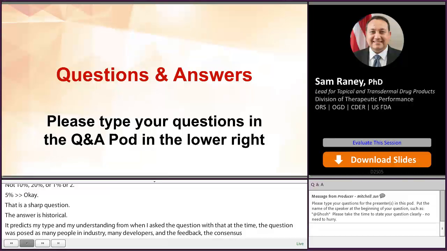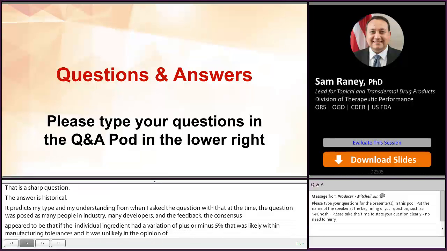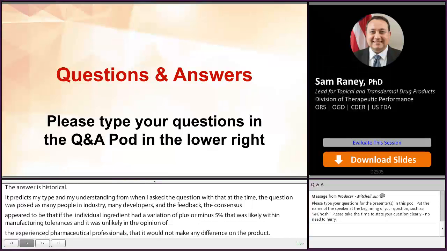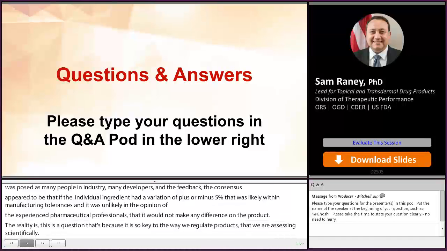Now, the reality is, this is a question that, because it's so key to the way we regulate products now, we are assessing scientifically. So we have research in this area to assess what happens when one goes beyond plus or minus 5%, and whether plus or minus 10% or 20% may be acceptable, but more importantly, it may not be the same for every ingredient.